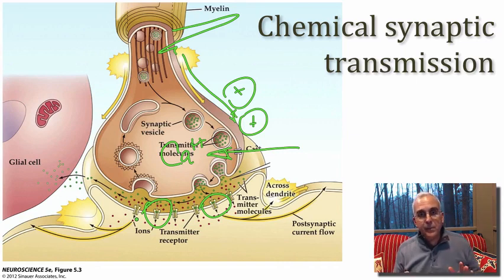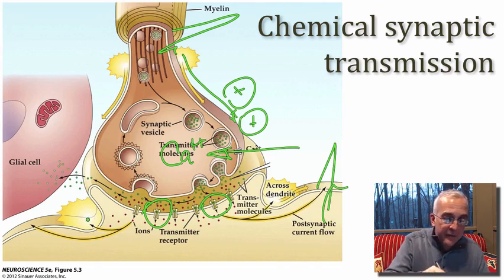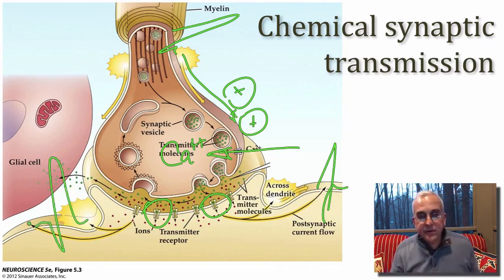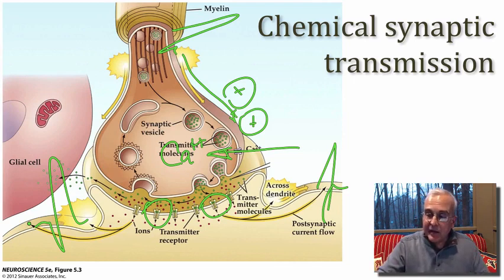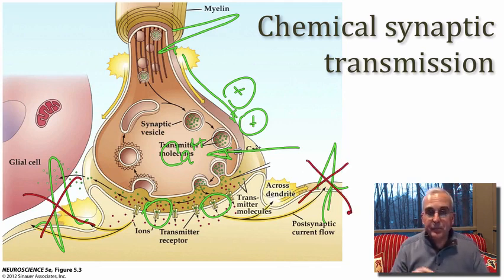And I want us to think about those currents that are more likely to lead to the generation of an action potential in this postsynaptic neuron as this wave of depolarization reaches that postsynaptic terminal. Or I want us to think about those conductances that might actually make it less likely for that postsynaptic action potential to be generated. Okay?